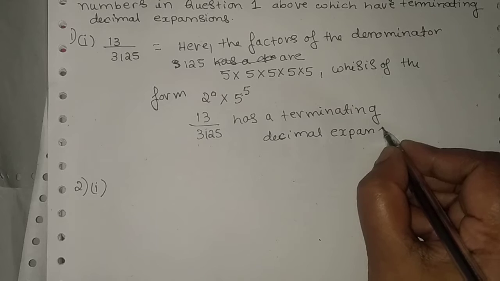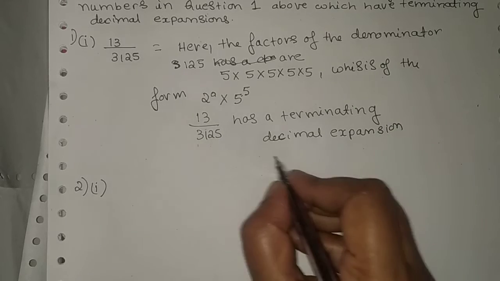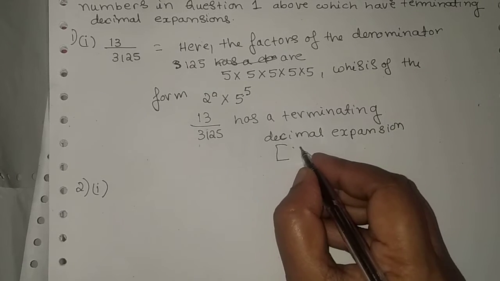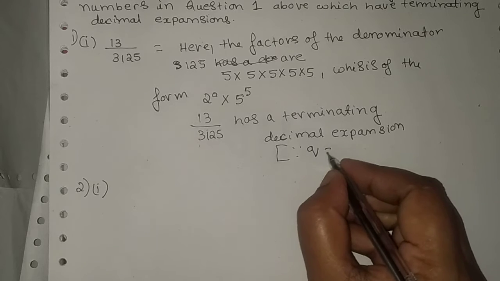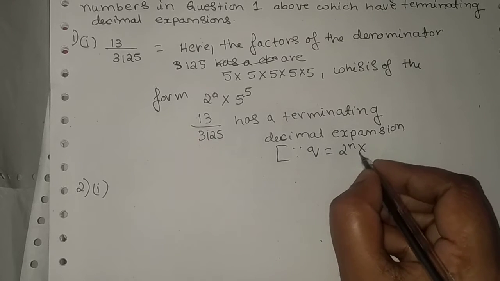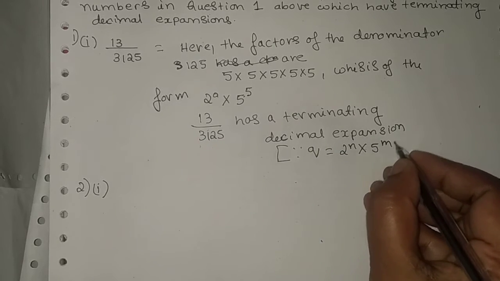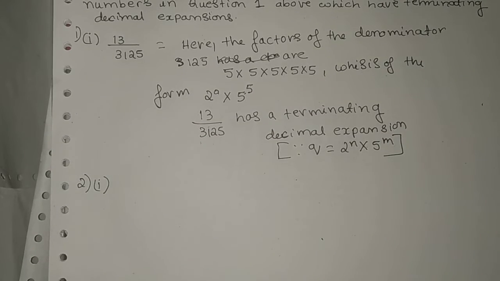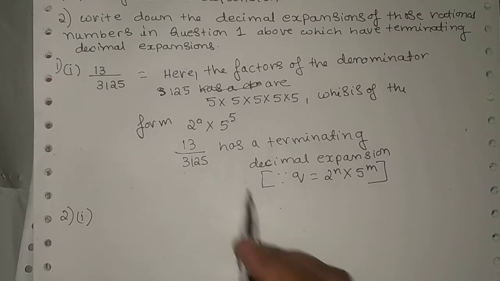Just write down this. These steps are enough for the first question because q is in the form 2 to the power of n into 5 to the power of m. So this is the solution for the first question. Only a few steps are required.